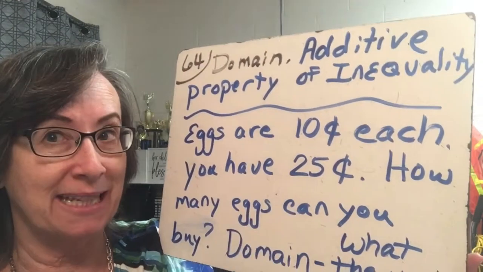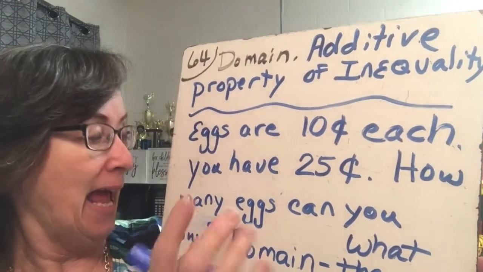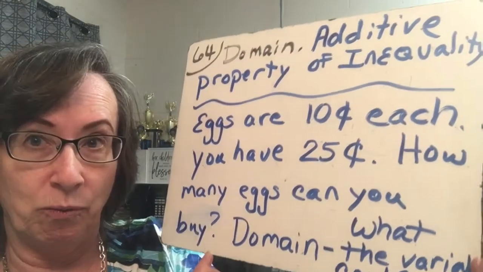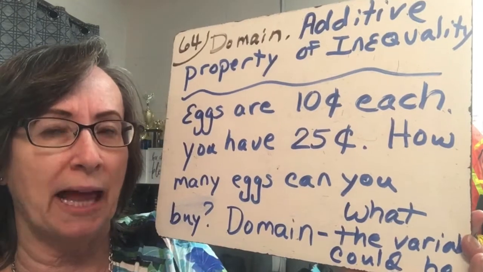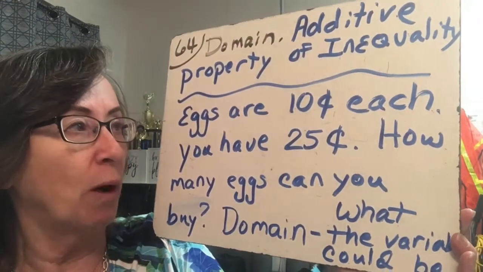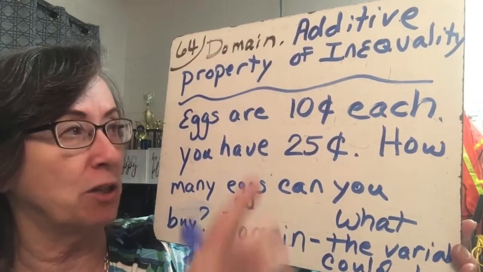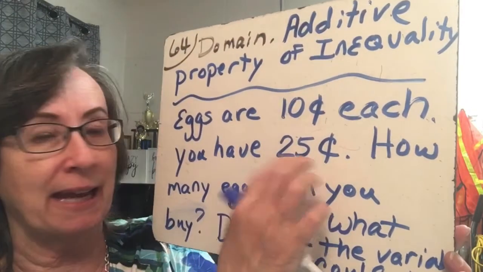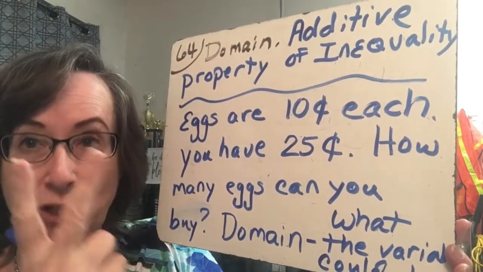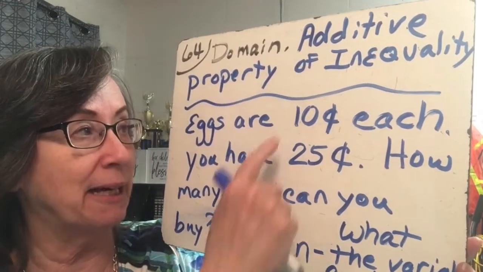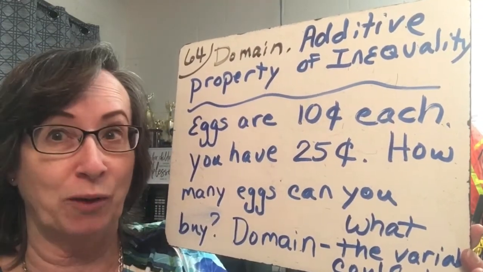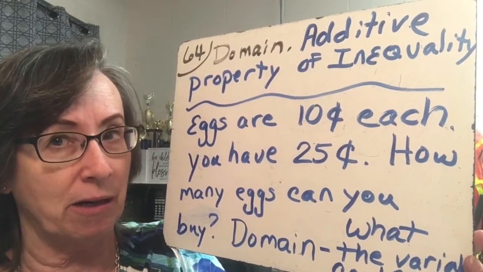For instance, suppose eggs are 10 cents each and we have 25 cents in our hand. How many eggs can you buy? We don't know how many eggs we need; we're just asking what is reasonable. We cannot buy 3 eggs because that would be 30 cents and we only have 25. We could buy 2 eggs for 20 cents, 1 egg for 10 cents, or 0 eggs.